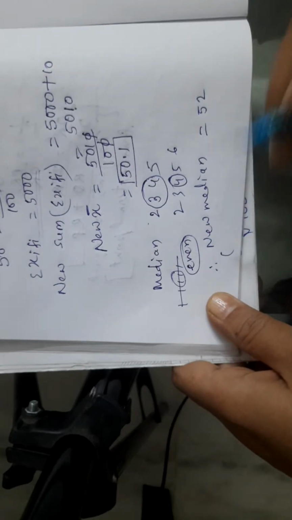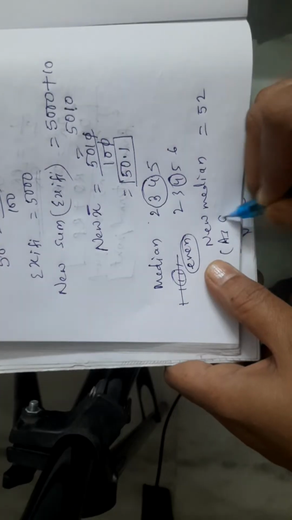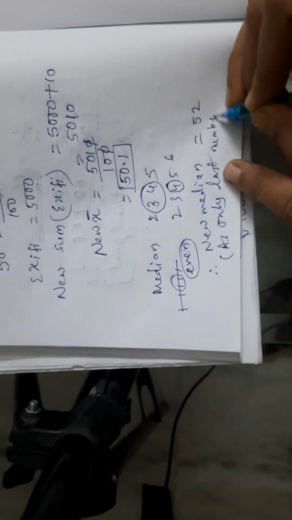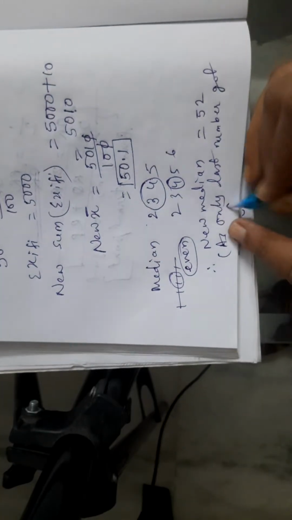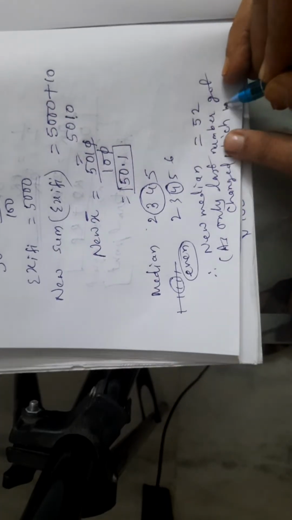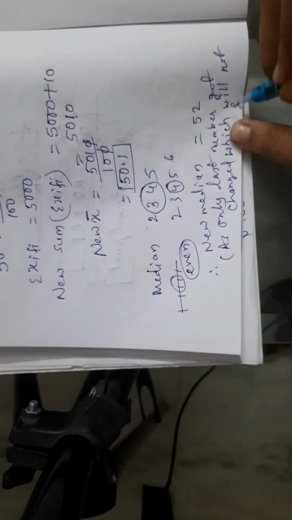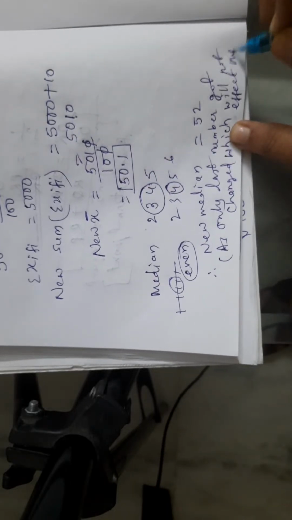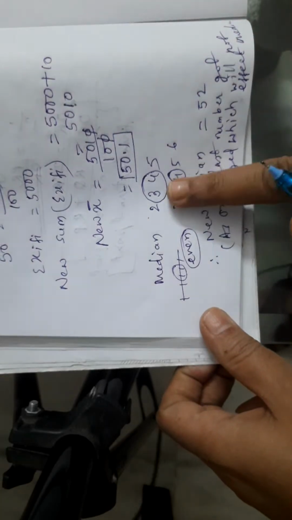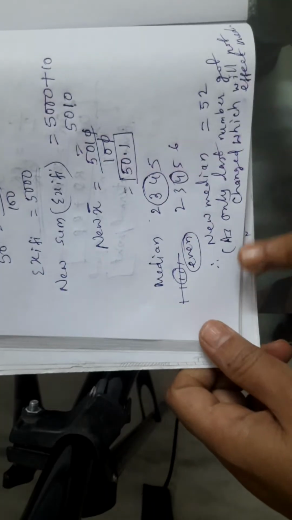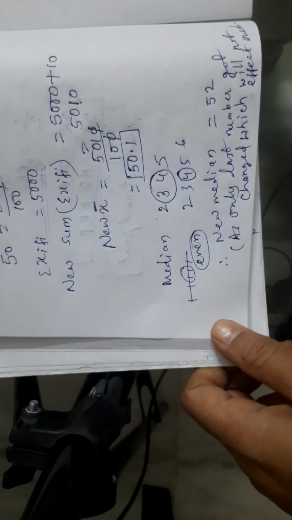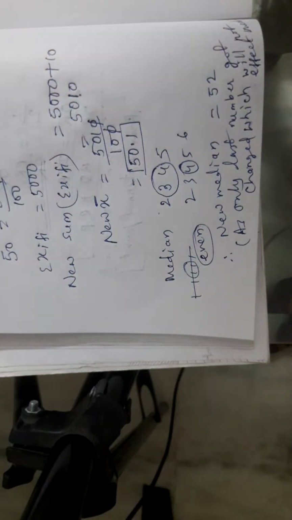The reason you need to write is that only the last number got changed, which will not affect the median. Clear? As the middlemost numbers are the same, there is no change in that. So no change will be there in the answer. The answer will remain the same. So we completed the second question.